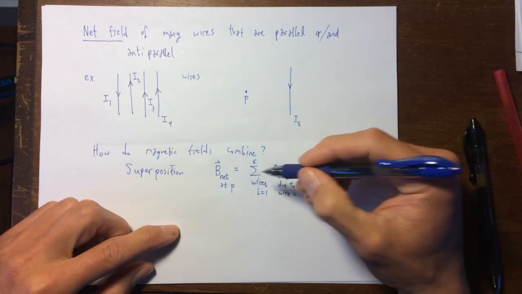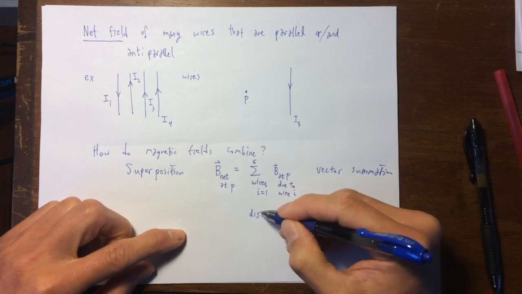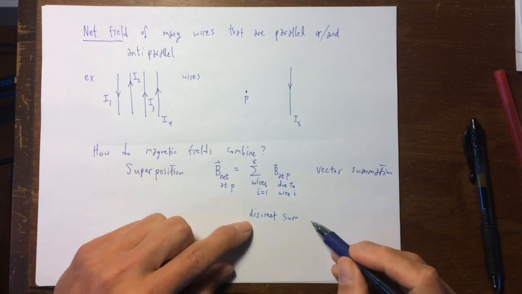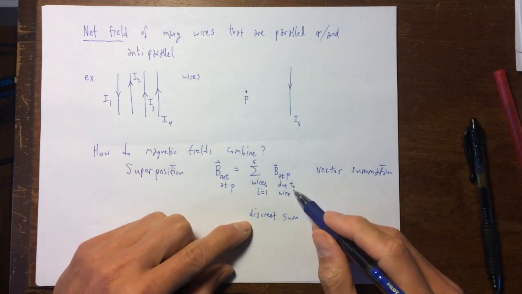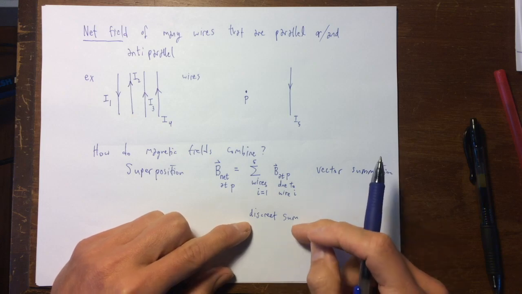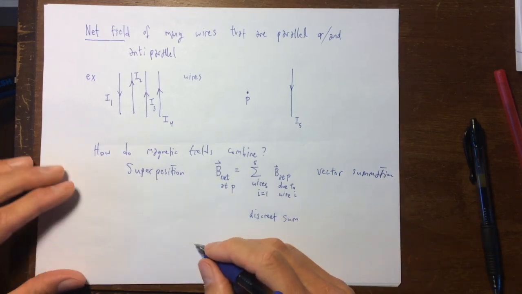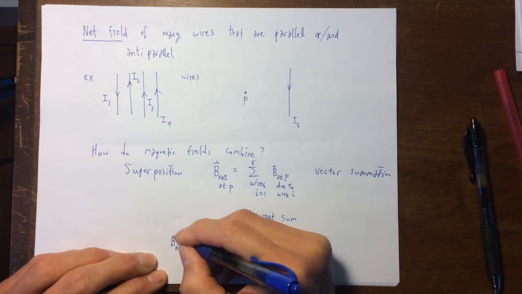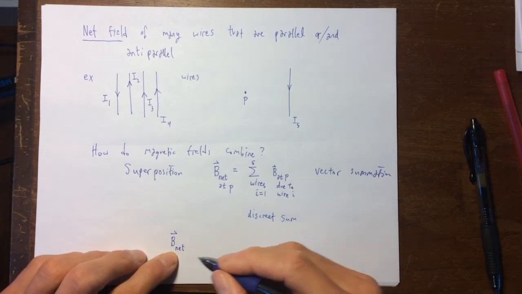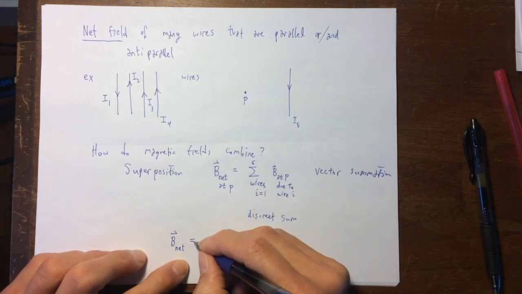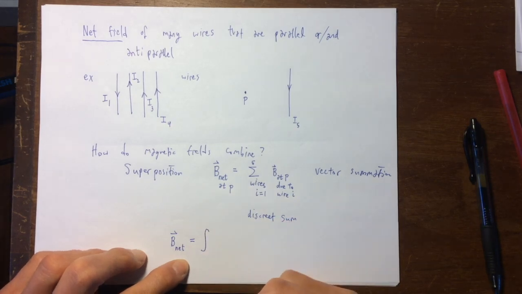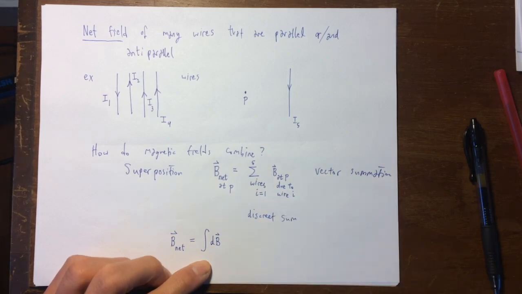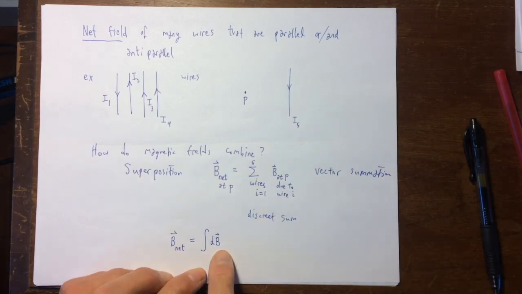You can see that this sum is a so-called discrete sum. It is discrete because when I list out the terms that I'm going to add together, there are 5 discrete terms. But I'd like you to imagine, actually, we're going to worry about the situation where the net magnetic field is not a discrete sum, but is in fact an integral, or a continuous sum over really small individual contributions.